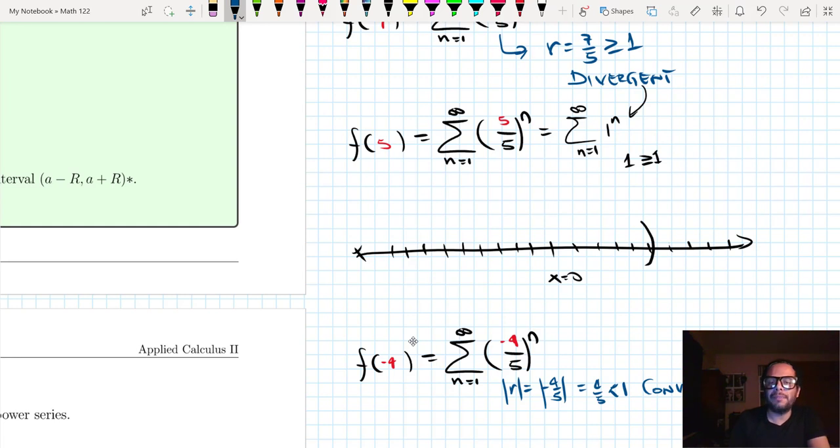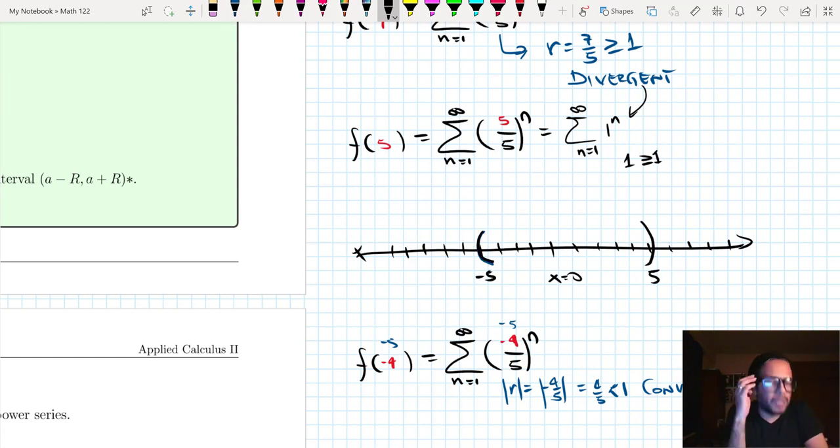Do you see what is going to happen if you plug in a -5? It's going to diverge again because you're going to have -1 to the n power, an oscillating series between -1 and 1, and it's not going to go anywhere. So -5 and +5 look like the limits.